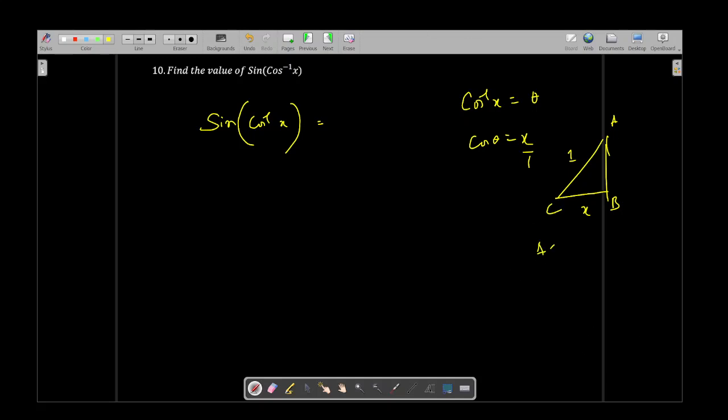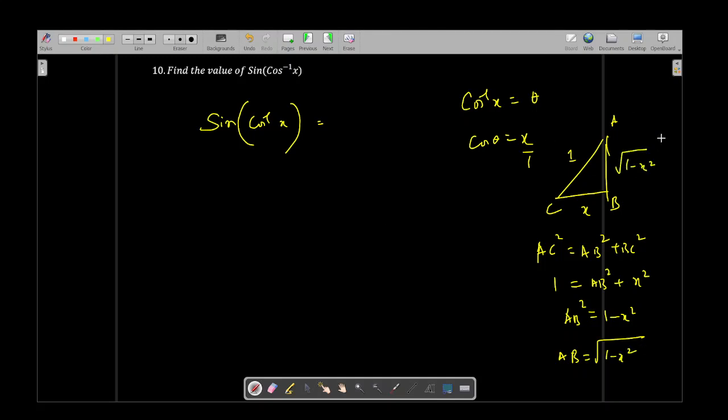AC square is AB square plus BC square. AC square is 1, and BC square is x square. So AB square is equal to 1 minus x square, or AB is square root of 1 minus x square.